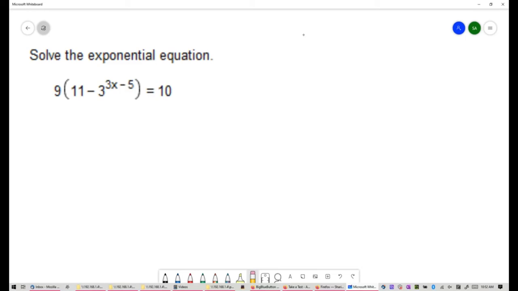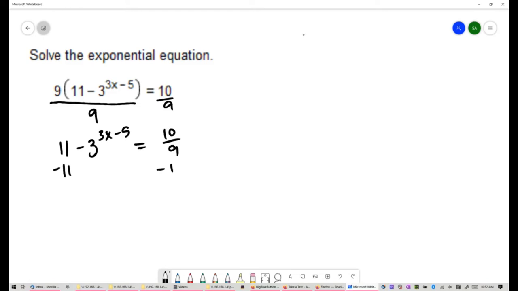So I'm going to start by dividing both sides by 9. And that will give 11 minus 3 to the 3x minus 5 equals 10 over 9. And then I'll subtract 11 on both sides. And I've got negative 3 to the 3x minus 5 equals 10 over 9 minus 11.